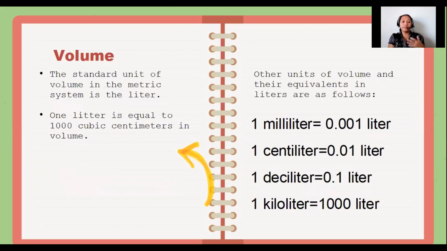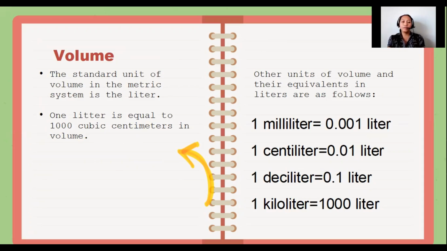So next, we have the volume. The standard unit of volume in the metric system is the liter. So therefore, 1,000 liters is equal to 1,000 cubic centimeters in volume. Okay, so always remember that the standard unit of volume in the metric system is liter.